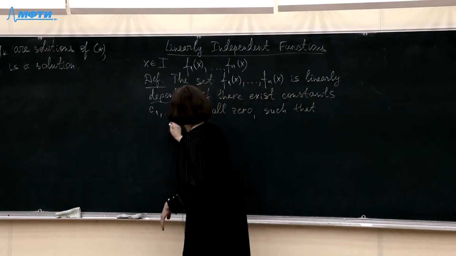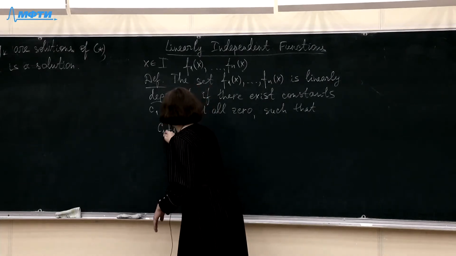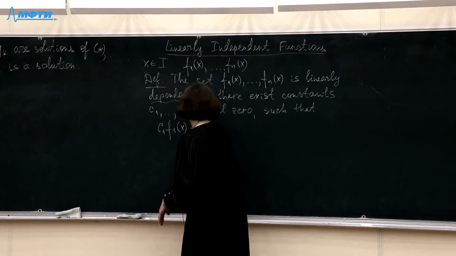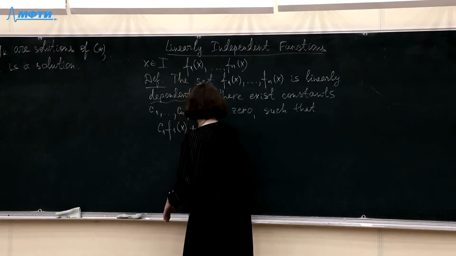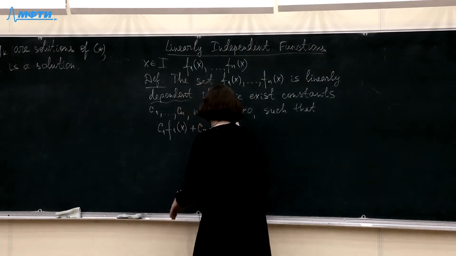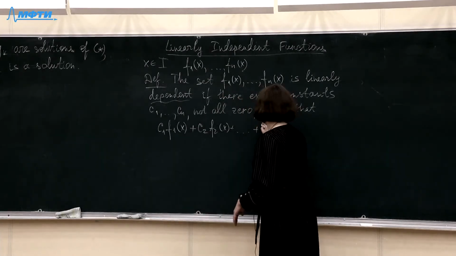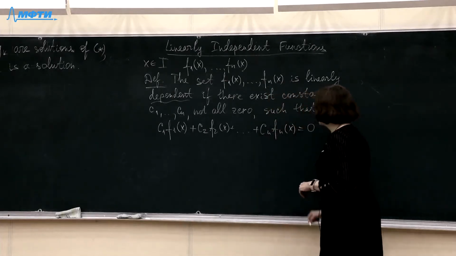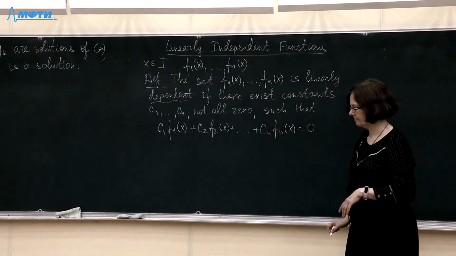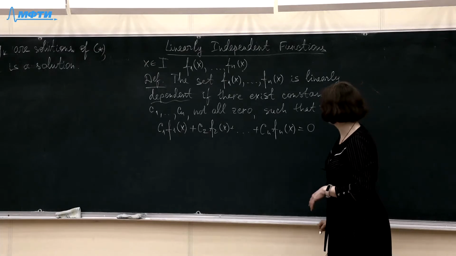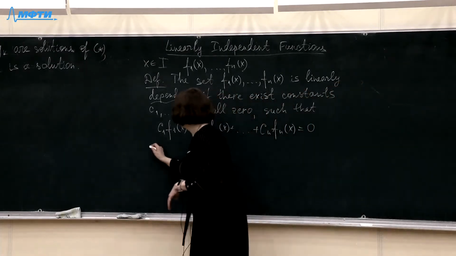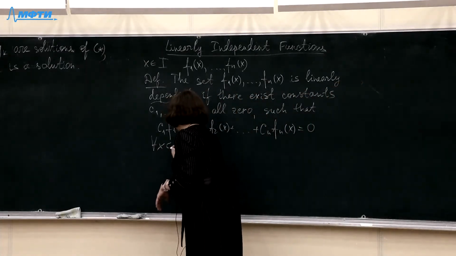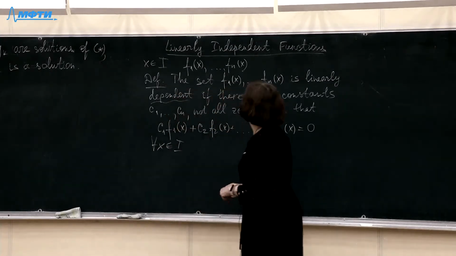the following linear combination, C1 f1 of x plus C2 f2 of x and so on, the linear combination of these functions with these coefficients, is identically 0 for any x from the interval.